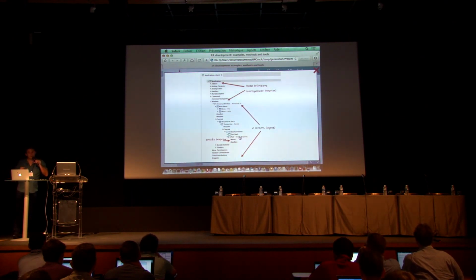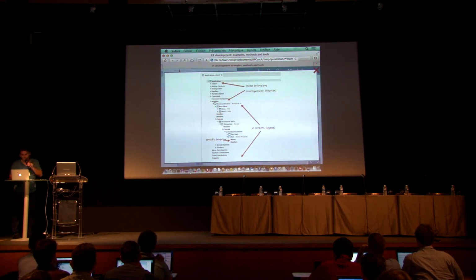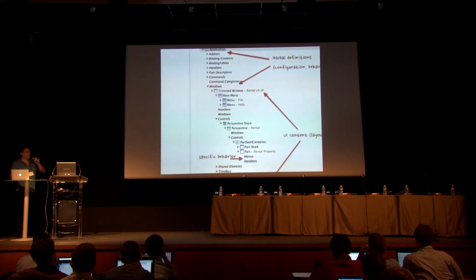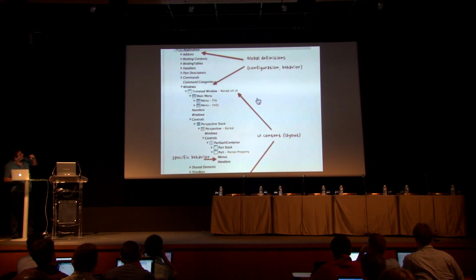When you use this editor in the next steps of the workshop, you will probably have to click everywhere because you must open all the nodes. And so just to tell you where you will probably go often, sorry because the mic is okay, so there is a Windows part where you have the trimmed window.